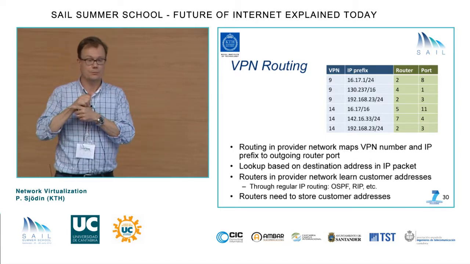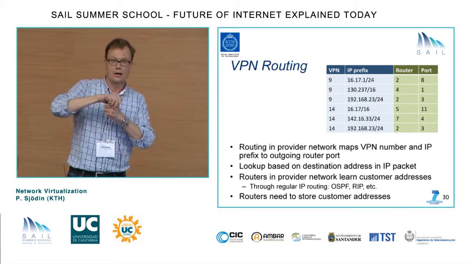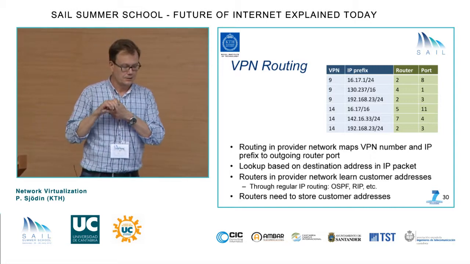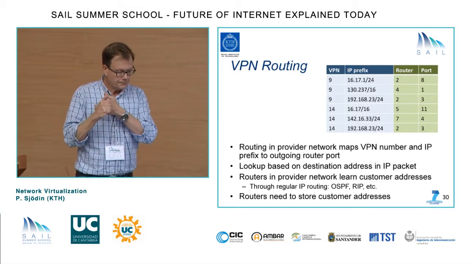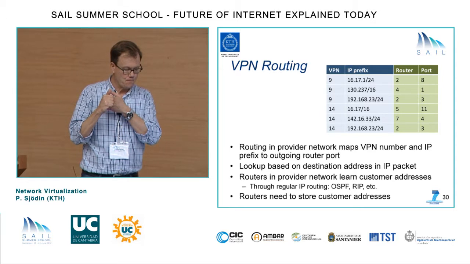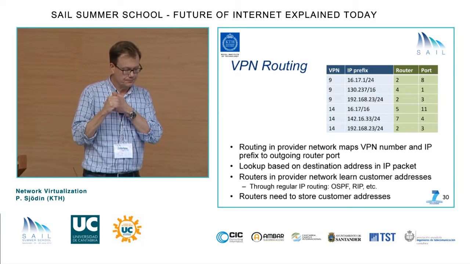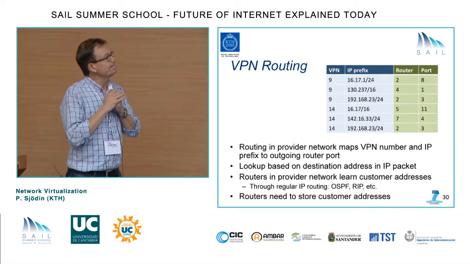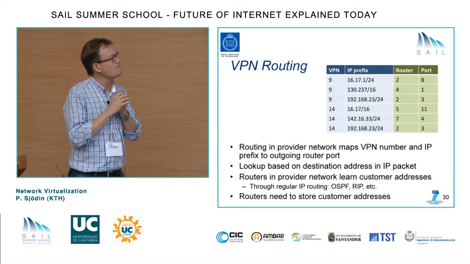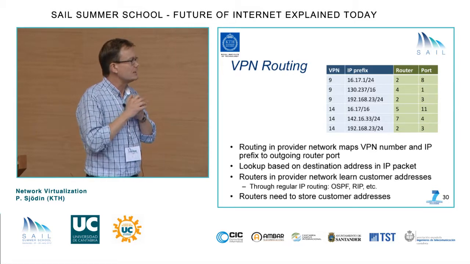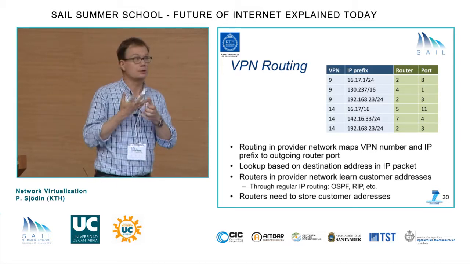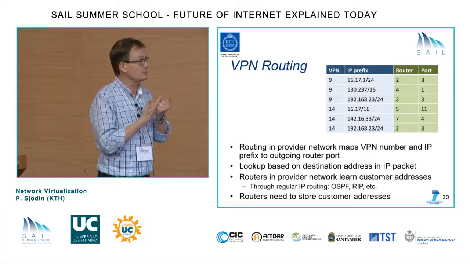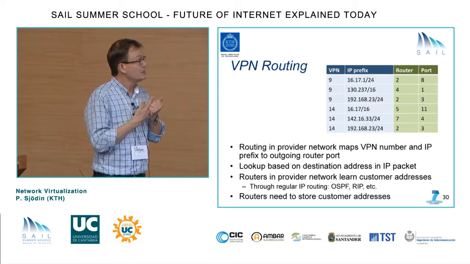Instead it's mapping a tuple, a VPN identifier and an IP address, onto an outgoing port. And the lookup operation is, of course, usually IP forwarding, which means that the lookup is based on the destination address in the IP packet.